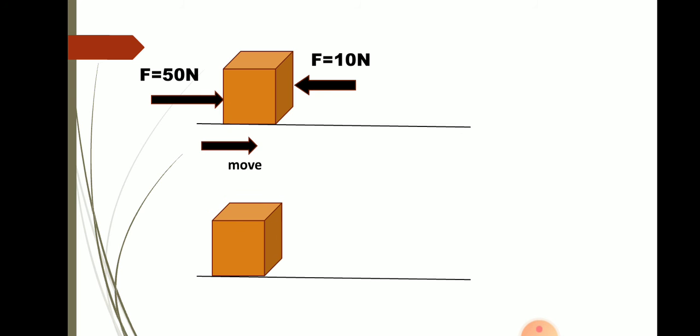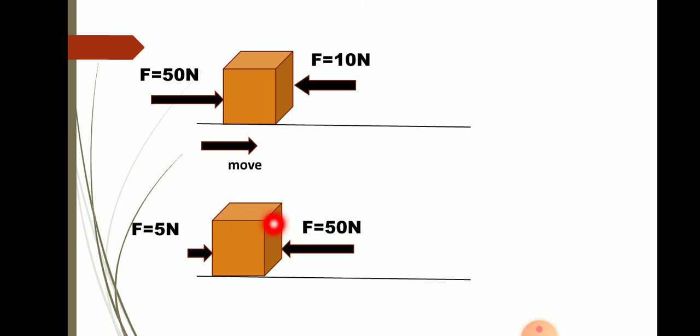Let us consider another example, a box which is at rest. Let a force of 5 Newton be applied in this direction, you can see the arrow mark. In the same way, in the opposite direction, a force of 50 Newton is applied. Now you can say in which direction the box is going to move. The box is going to move in this direction because here the force is 50 Newton, so the magnitude of force is more in this direction.